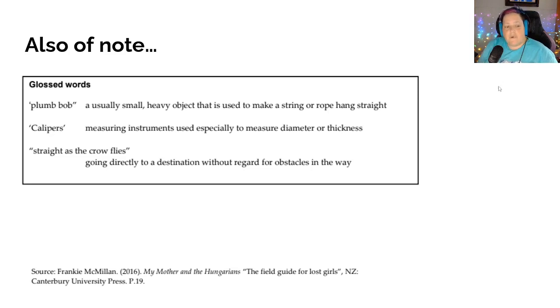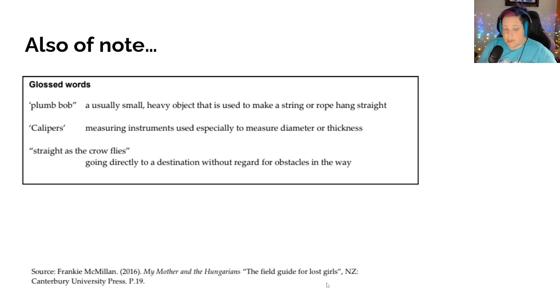The other thing that they give you is the source, and every exam will do this, every practice exam will do this, because that way it's not plagiarism. And the source here is Frankie McMillan, so this tells us the author of the piece. From there we can start to get a sense whether the author was a boy or girl, assuming gender here. My Mother and the Hungarians is the larger book that it came from, and the Field Guide for Lost Girls is possibly a short story or a chapter within that, and that's just where it is published.